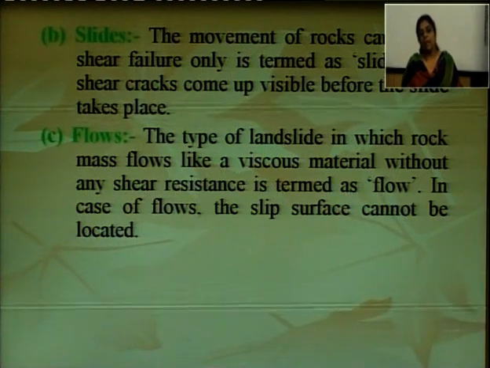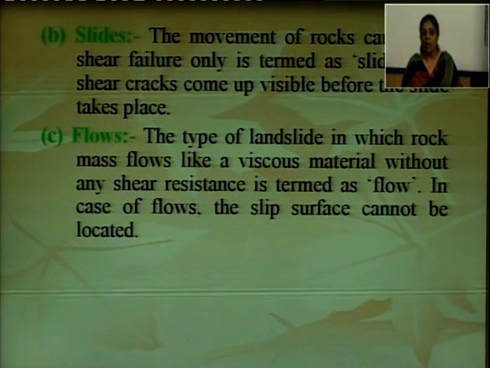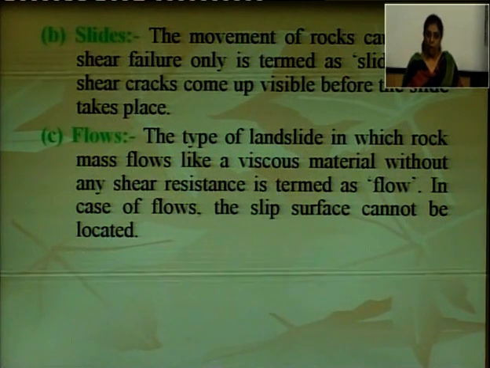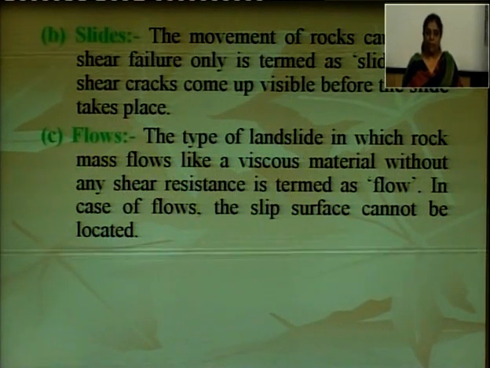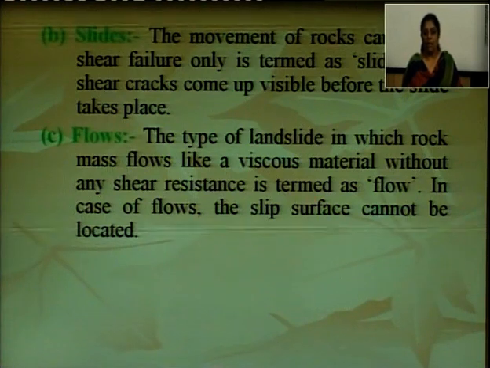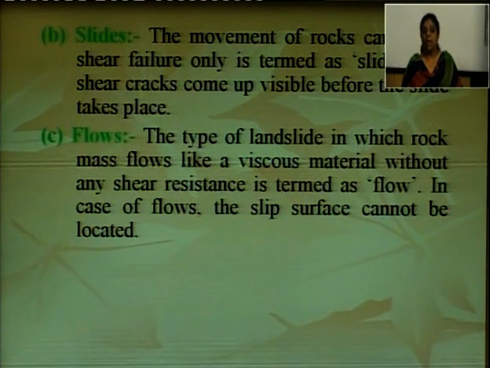So, there is a difference between slide and flows. In a slide, the uppermost layer of the slope comes down sliding and there is a shear failure, but in flows you can't really differentiate where the slip is taking place.